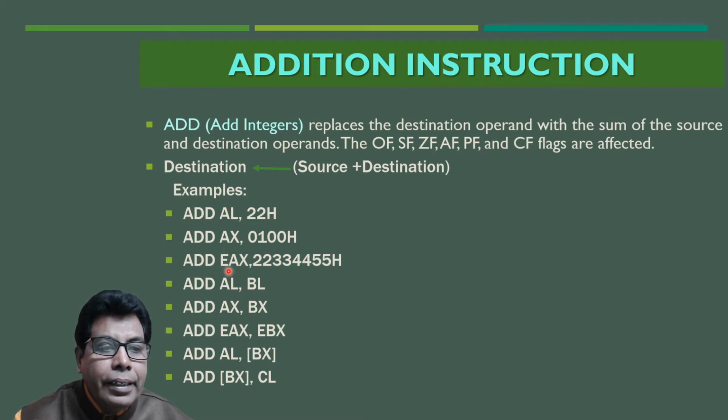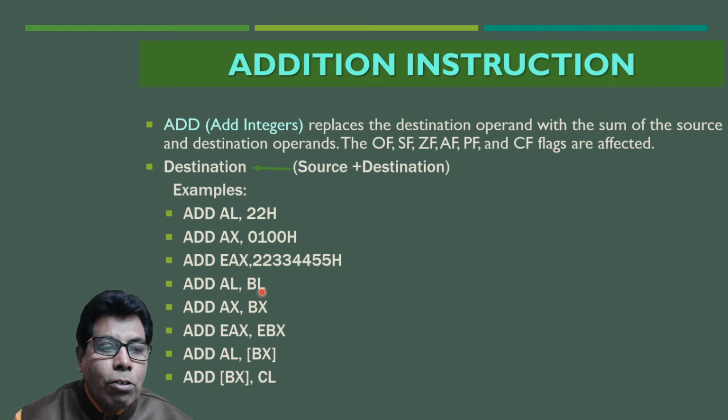Then ADD EAX, 22334455. This operand is a 32-bit operand and EAX is a 32-bit register. That's why the addition will be 32-bit and the result will be stored in the EAX register.